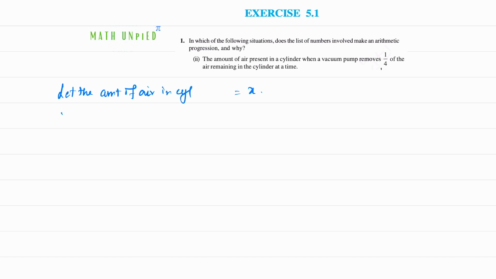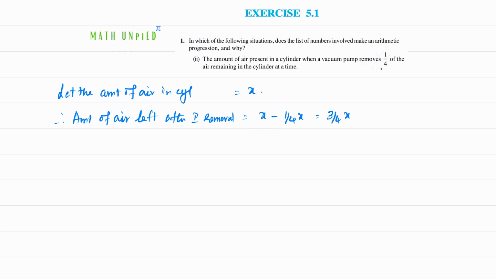Now therefore amount of air left after first removal. So what is that? X minus 1/4 of x. So how do we get this? 1/4 of x removed from the original quantity. So that will be 3/4 of x.